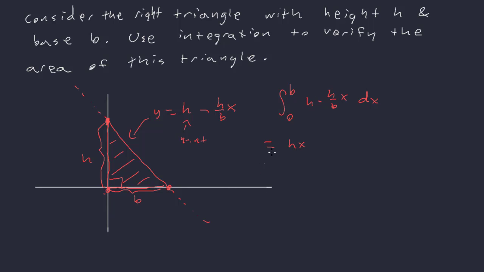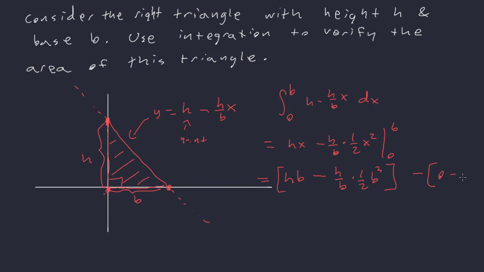So when we integrate it, it'll be h times x, then minus h over b times 1/2 x squared, from 0 to b. All right, so now we will plug in b, so we'll get h times b minus h over b times 1/2 times b squared. All right, so that's plugging in the b, then we're going to plug in the 0.